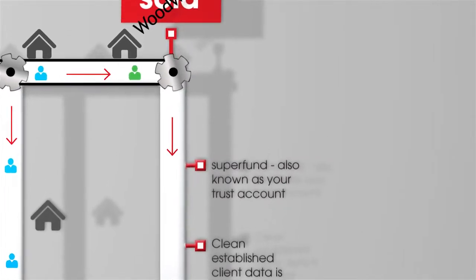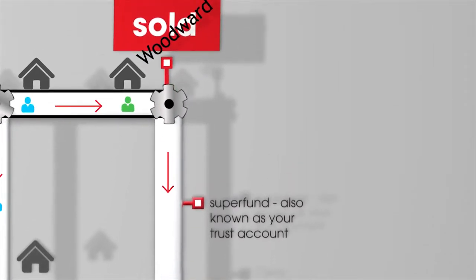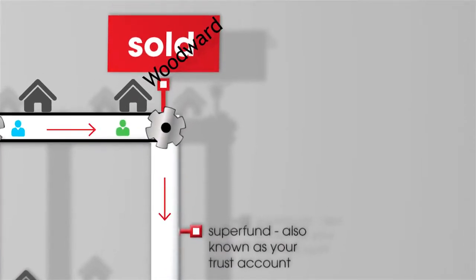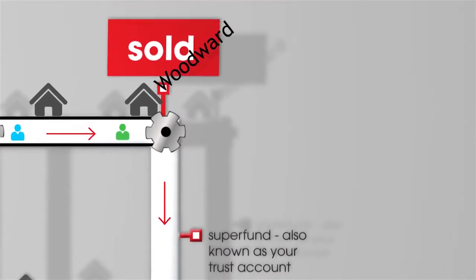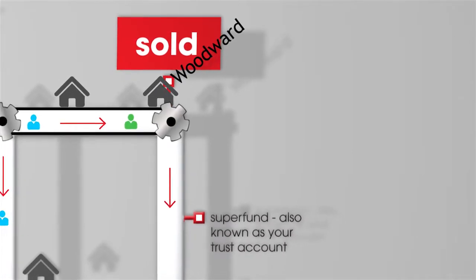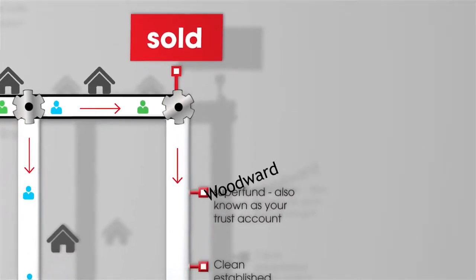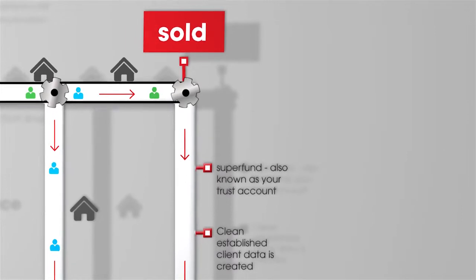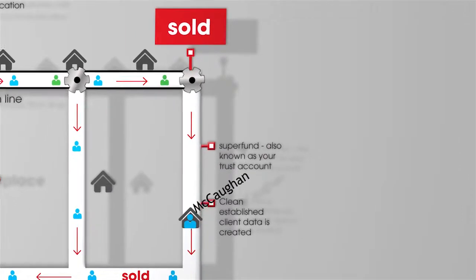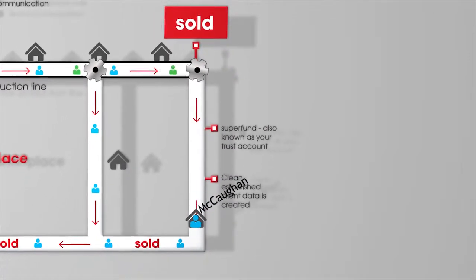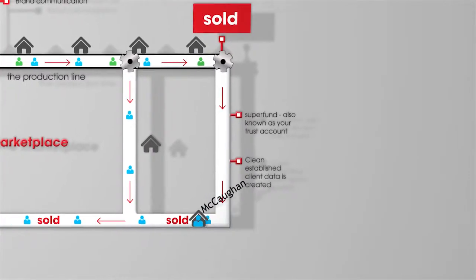For example, when a property came on the market past the dotted line onto the production line, it could be owned by Mr. Woodward. Once it's sold into the trust account, the same dwelling now has a new owner, and that could be McCoggan.